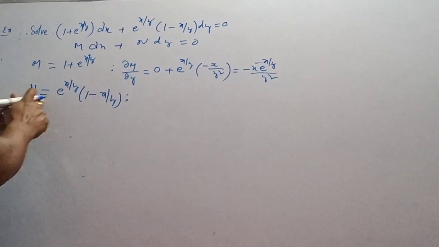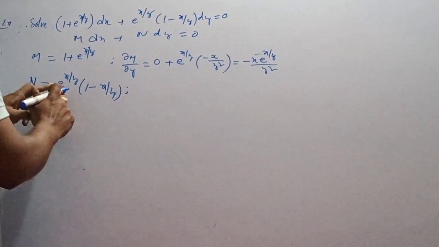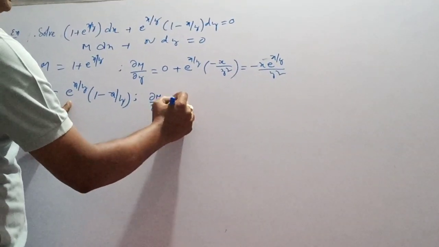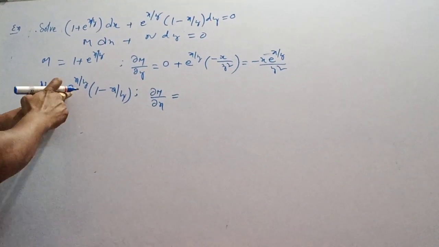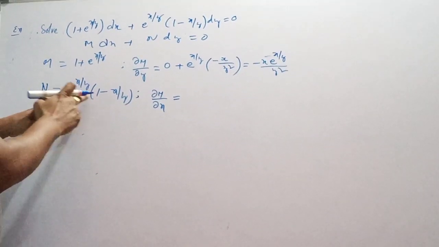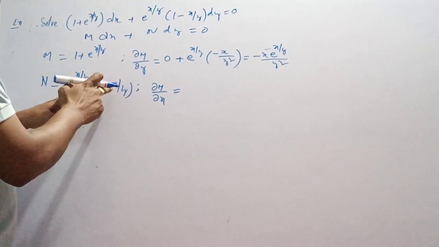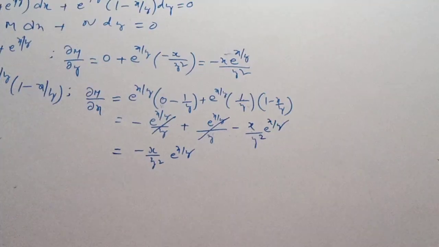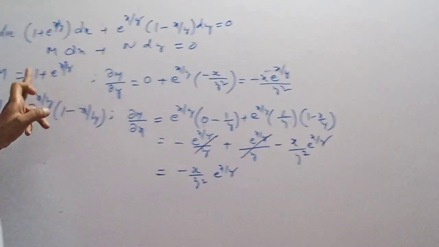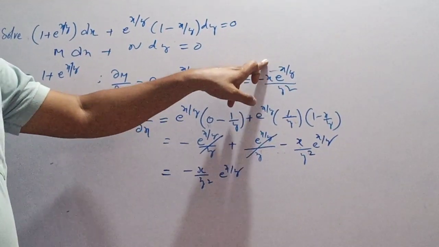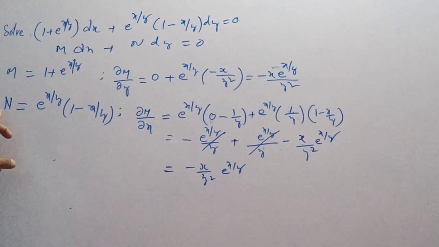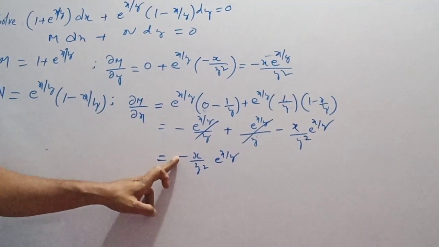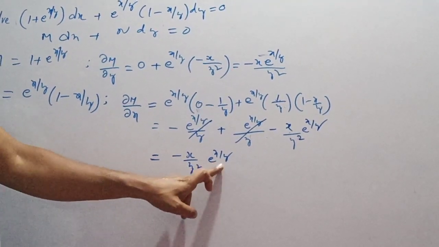Next, N is in uv form, so apply the uv rule. ∂N/∂x equals: first take e^(x/y), then multiply by 1 - x/y, which gives -x e^(x/y)/y², and we also have ∂N/∂x equal to -x/y² times e^(x/y).